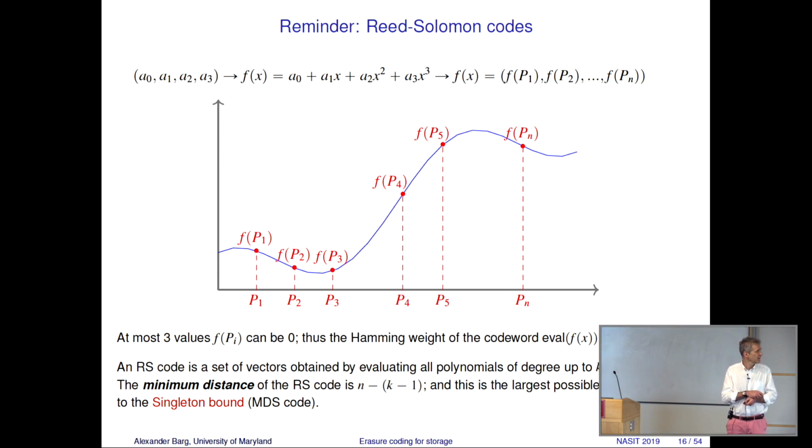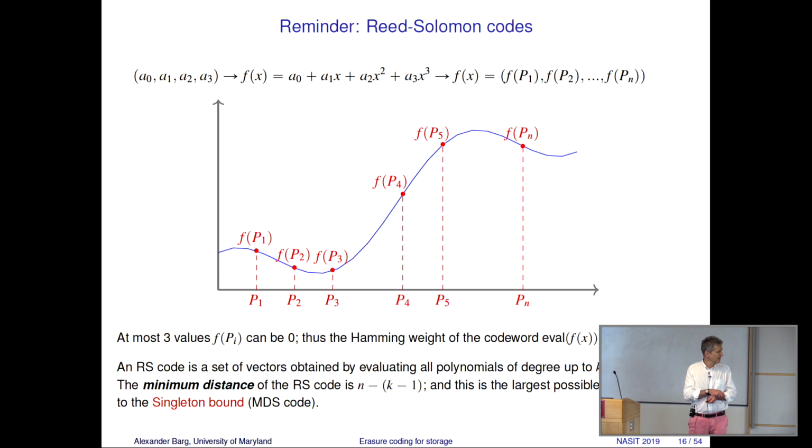So there are q to the 4 possible data vectors, of degree k minus 1 in general. So k here, therefore, is 4. k minus 1 is 3. Degree is 3, k minus 1. The minimum distance is n minus that, as we just discussed, n minus k plus 1, which is the maximum possible according to the singleton bound of coding theory.